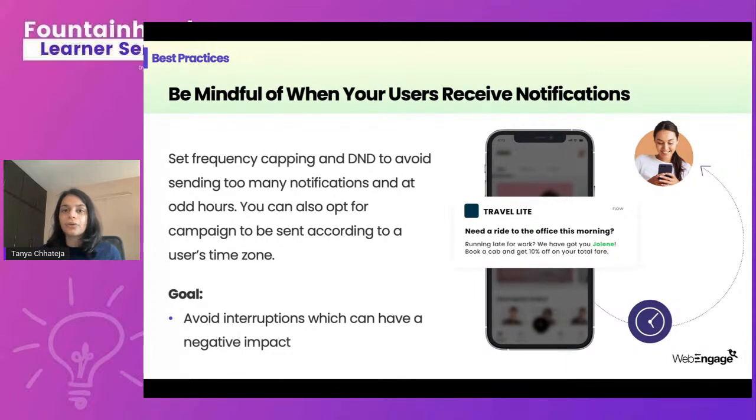If you have users all across, you can set up the push notification to go according to the user's time zone as well. It helps you, like we've already said, avoid untimely interruptions. And at the end of the day, it's all about giving your consumers the best experience possible.